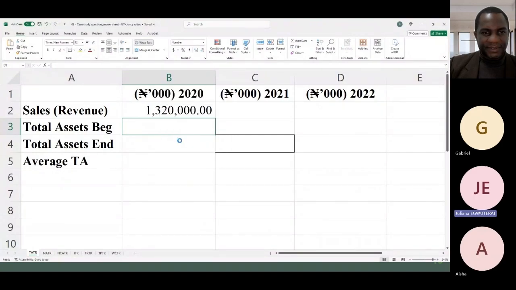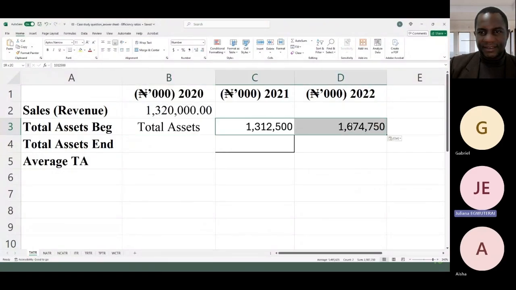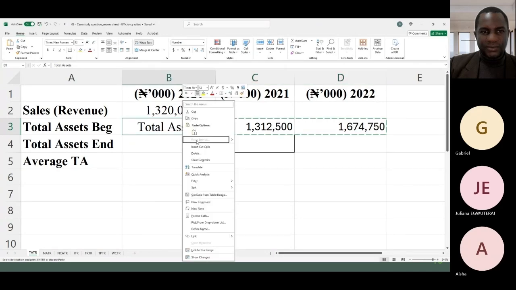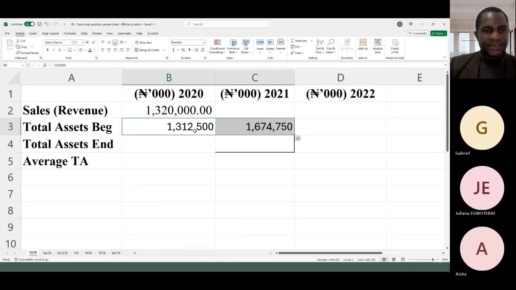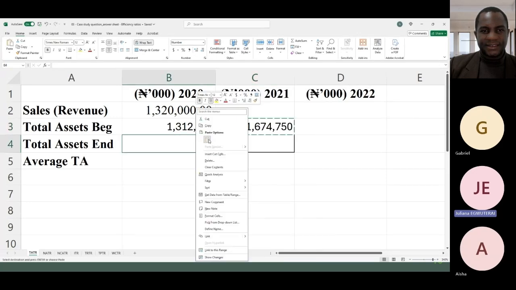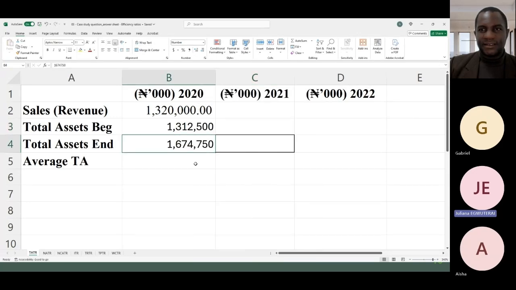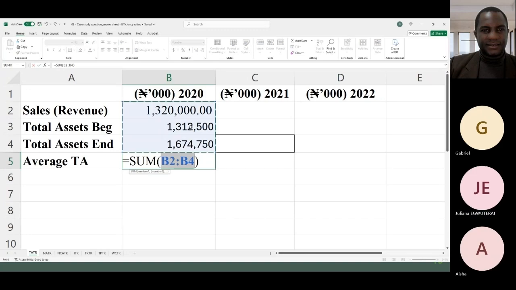Same thing, just 0.79. Wow, same thing with 2021. 2021 is 0.78, 2022 is 0.78, I think. Okay, so this plus this divided by 2.